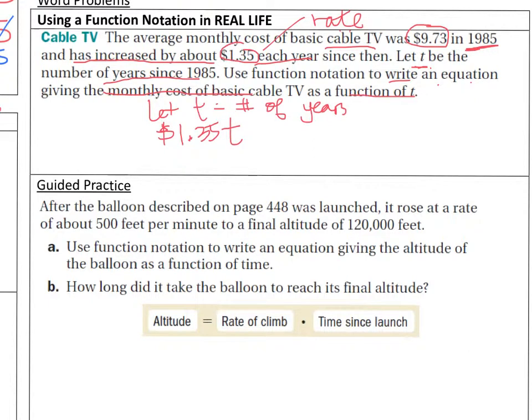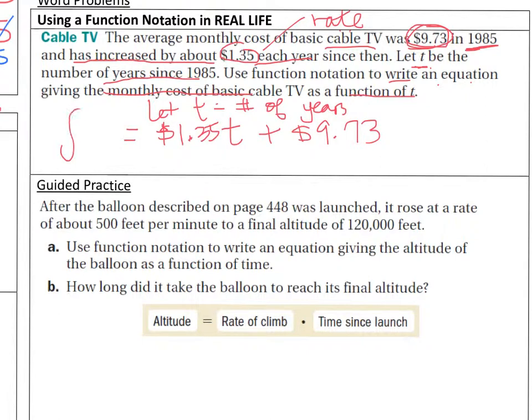So I could represent that as $1.35 T. And the basic cost per month is $9.73.